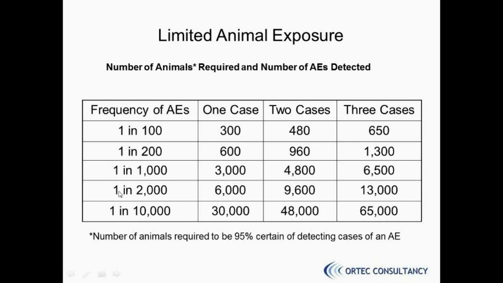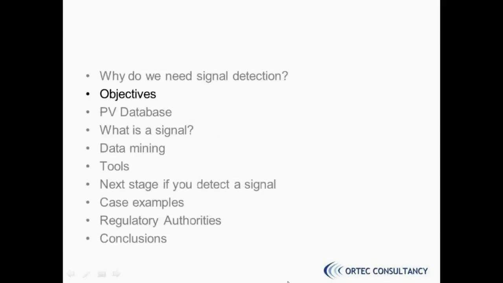So again, it shows you that a lot of the AEs that we're trying to detect in our signal detection process are rare, very rare, so they're much lower than this level here. They could be 1 in 100,000. So we do have to have a lot of animals treated even to detect those AEs. So that's the reason why we need the signal detection.